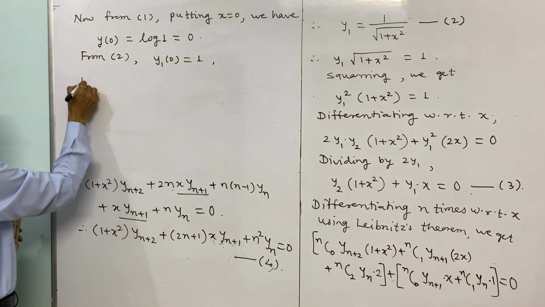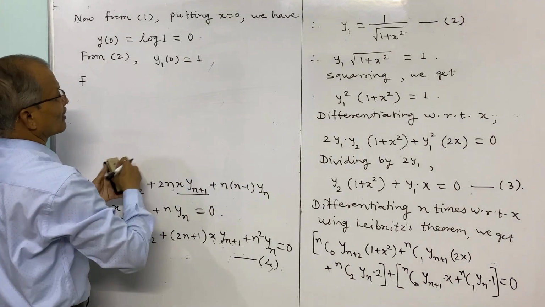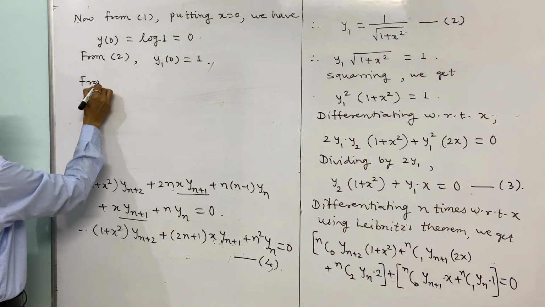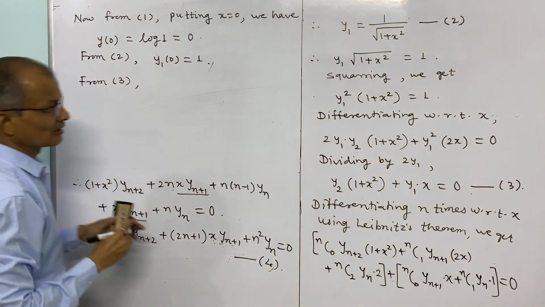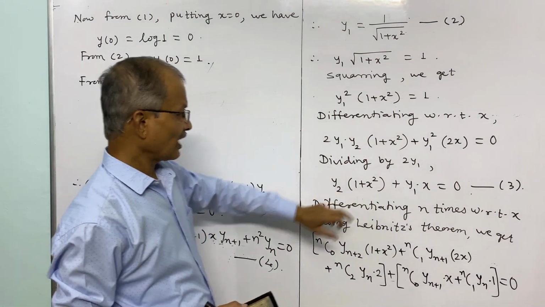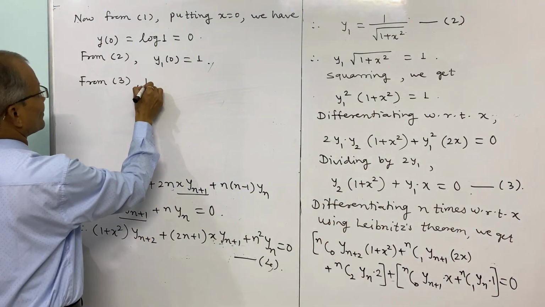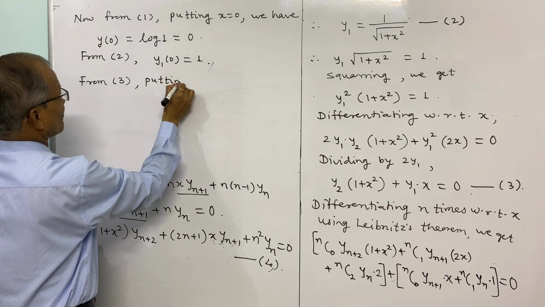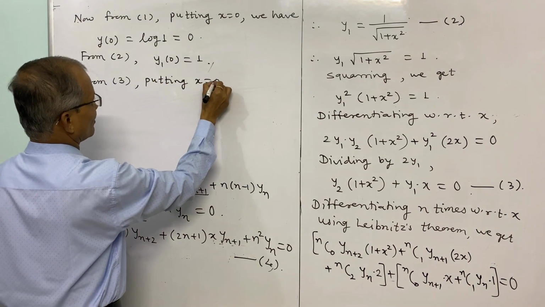And from 3, the third relation, putting x is equal to 0, not y, x is 0.